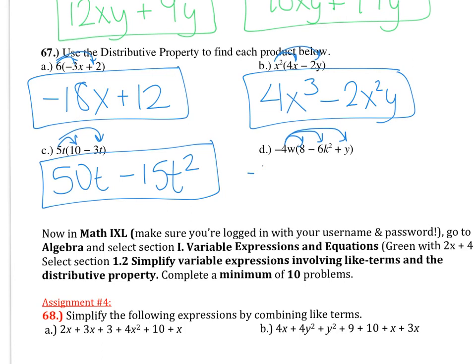So we get negative 32w, because 8 times negative 4w is negative 32w. Negative 4w times negative 6k squared is going to be a positive 24k squared w. And then negative 4w times y is negative 4wy.